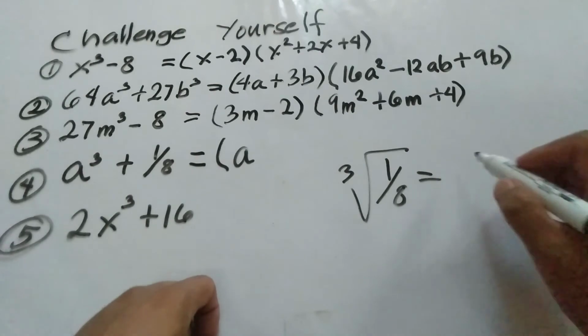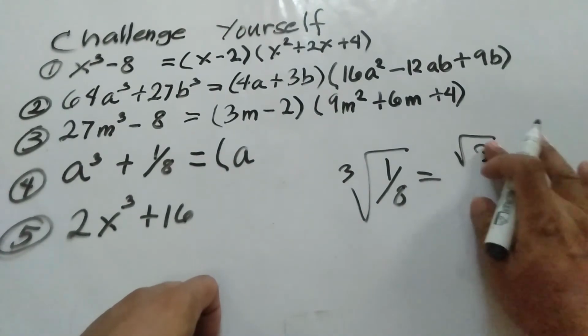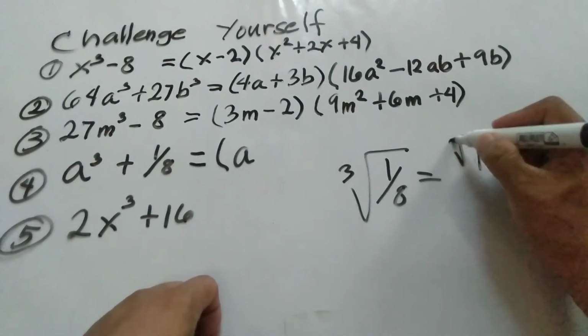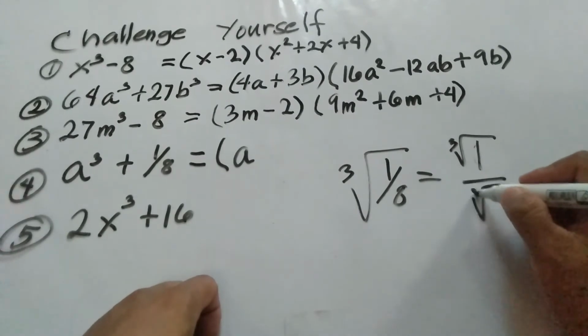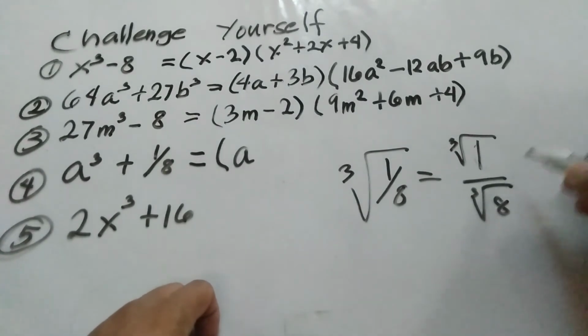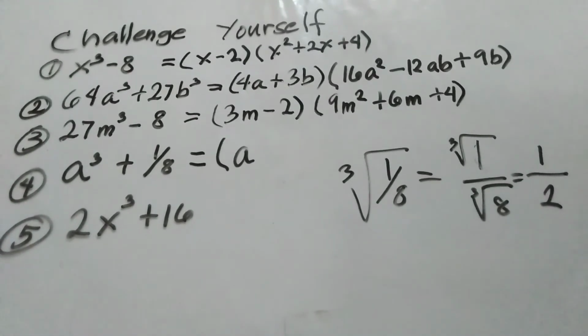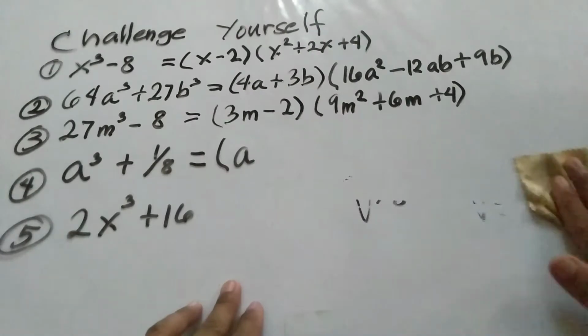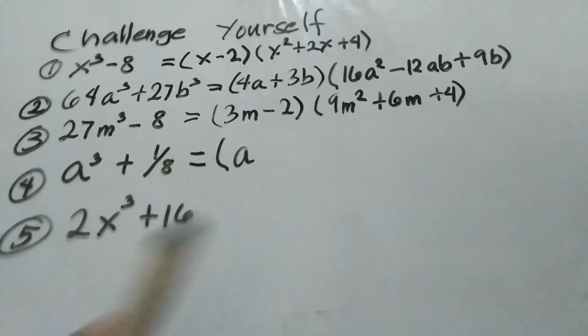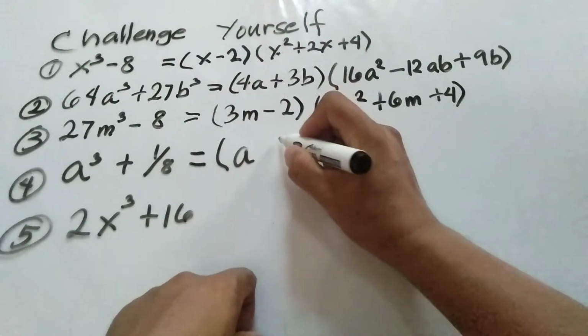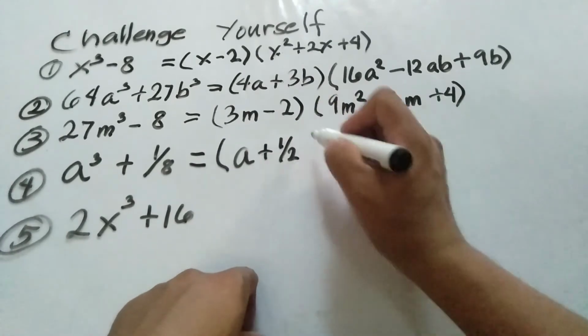It is equal to cube root of 1 over cube root of 8. Which means, cube root of 1 is still 1, cube root of 8 is 2. Simply, ang sagot lang po natin dyan is 1/2. Okay po? 1/2 ang kasagutan po natin dito. So, we have 1/2 positive.